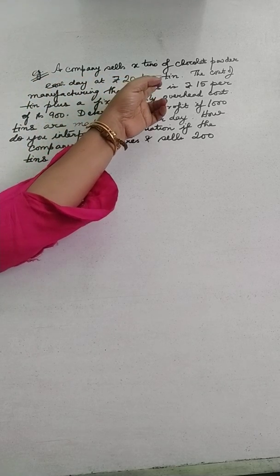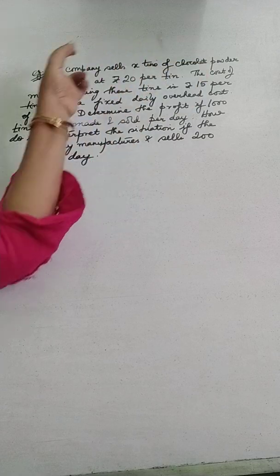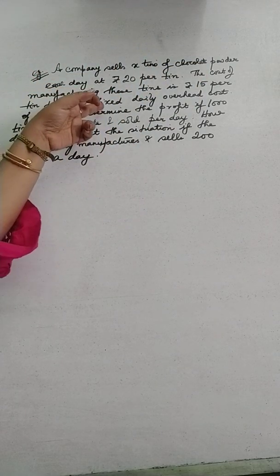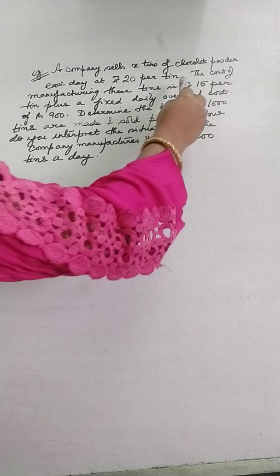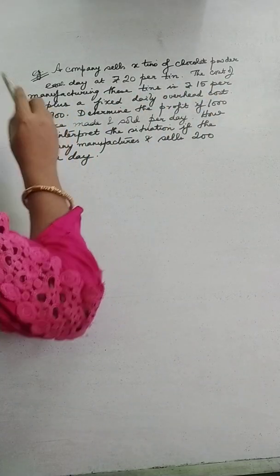The cost of manufacturing these tins is rupees 15 per tin plus a fixed daily overhead cost of rupees 900. So the cost of manufacturing these tins is rupees 15 per tin. That means this part is your variable cost. Each tin is rupees 15, so X tins will be 15x. Plus daily overhead cost. What is overhead cost? The fixed cost. Fixed cost is rupees 900.